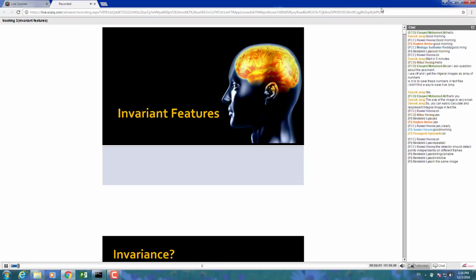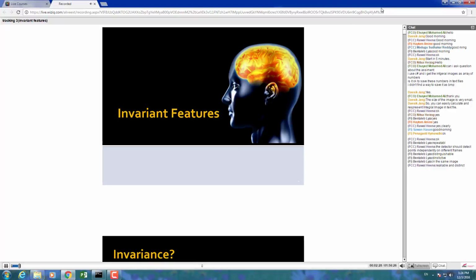Okay. And one more condition is reliable. It is more about inter-frame. When there is one point, in the first frame image we have some descriptor. In the next image, for the same point, we should have a very similar descriptor.